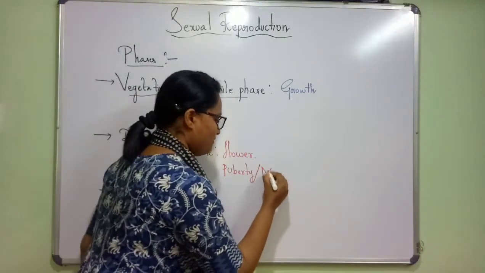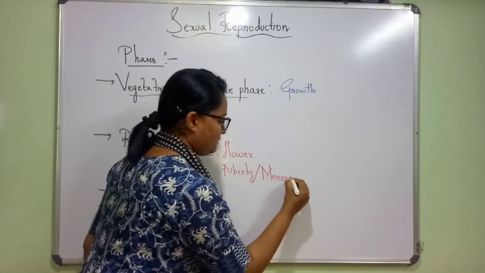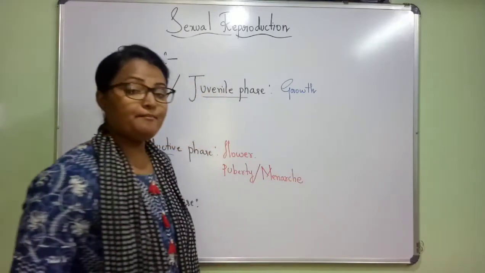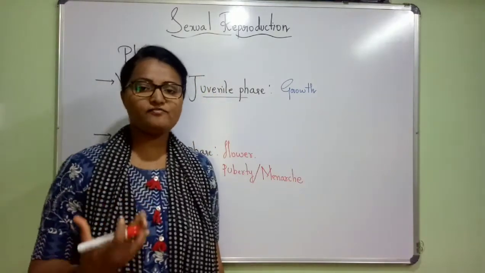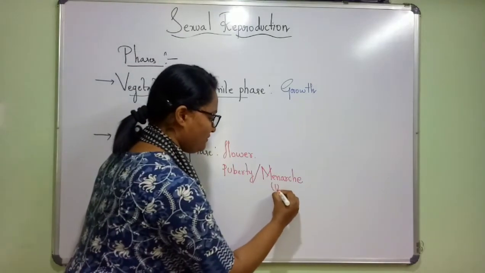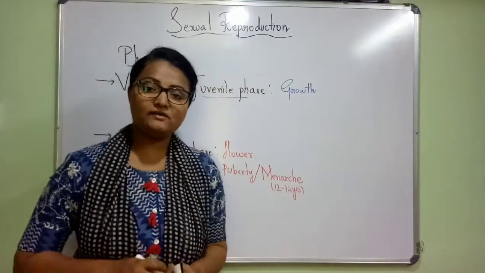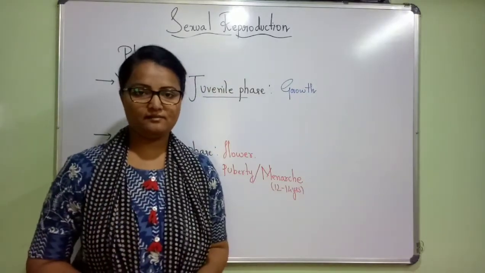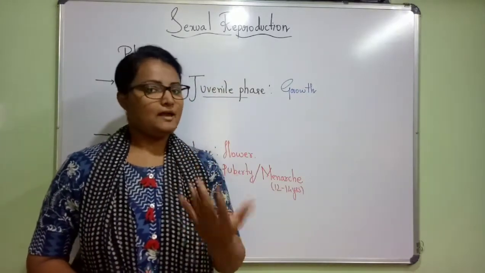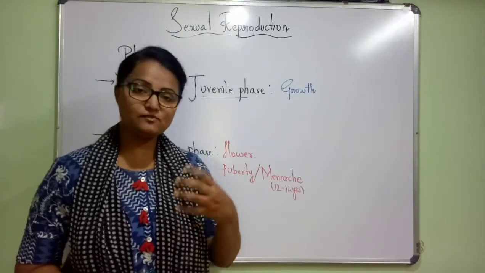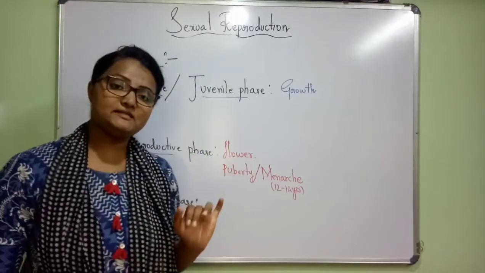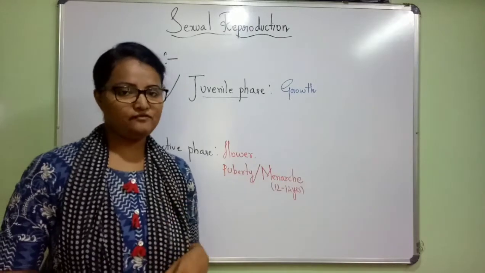By means of menarche, the starting of the menstrual cycle at the age of 12 to 14 years. What happens in our body? We start menstruating, meaning we are matured now. This is the reproductive phase in animals as well as in flowers.